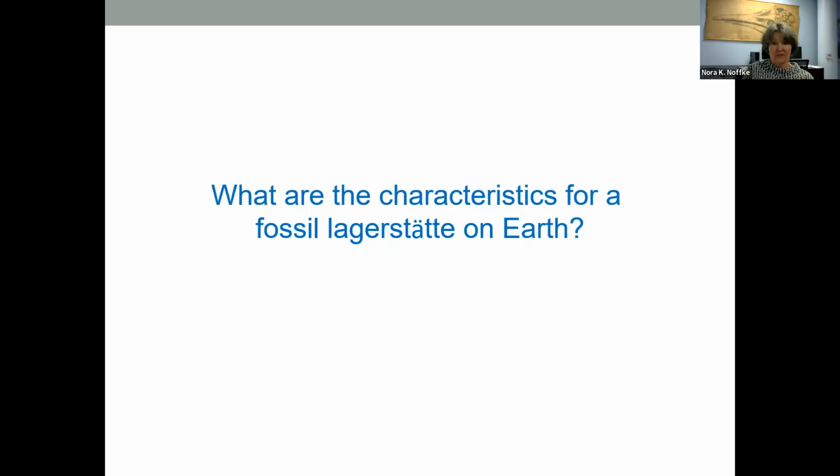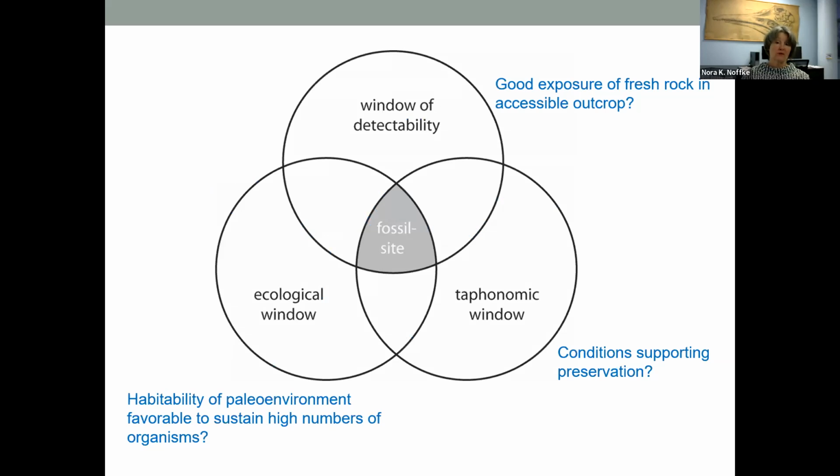Now, how can we look for MISS on Earth, and specifically also on Mars, which is a terrestrial planet, which includes a lot of clastic material? So the first question is, what are the characteristics of a fossil Lagerstätte on Earth? First of all, we need a paleoenvironment where a lot of microbial mats were able to grow, which is a logical first step. Then we need a taphonomic path that allowed preservation of the microbial mats as MISS.